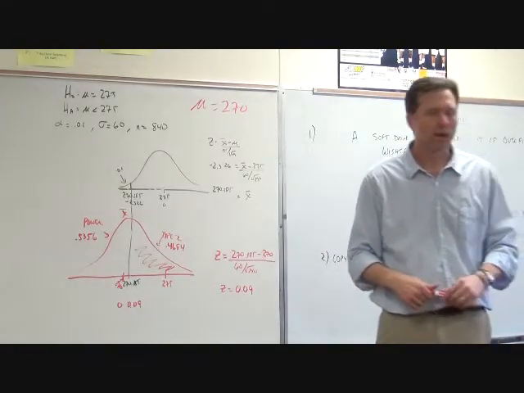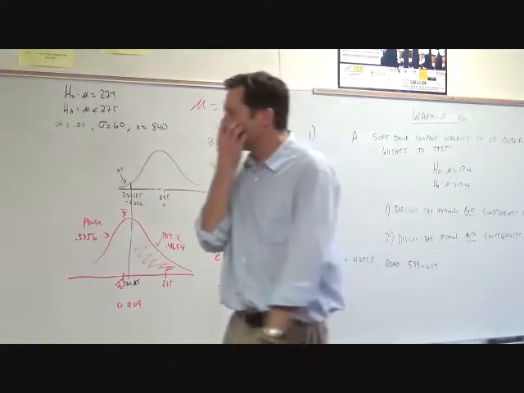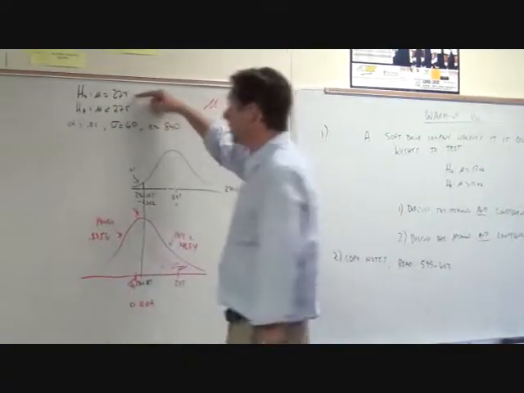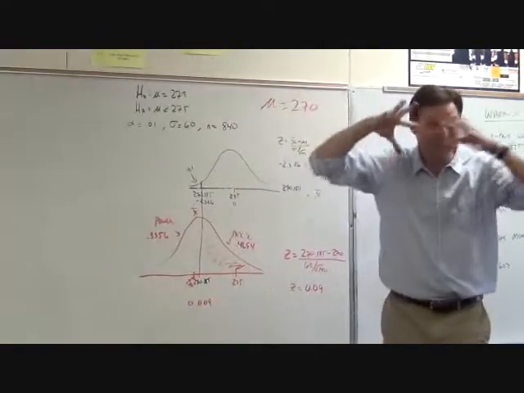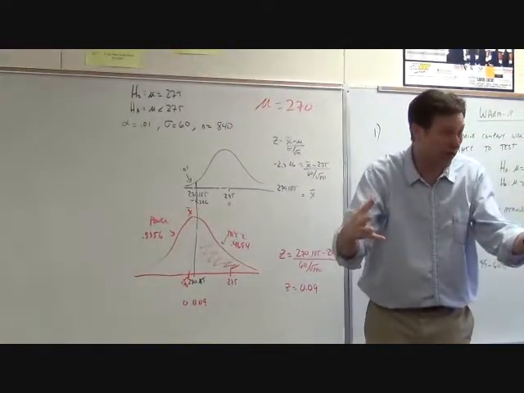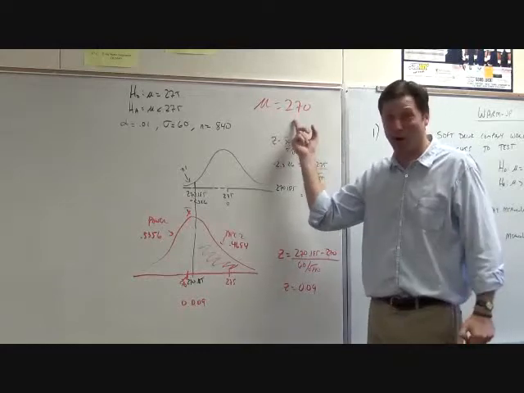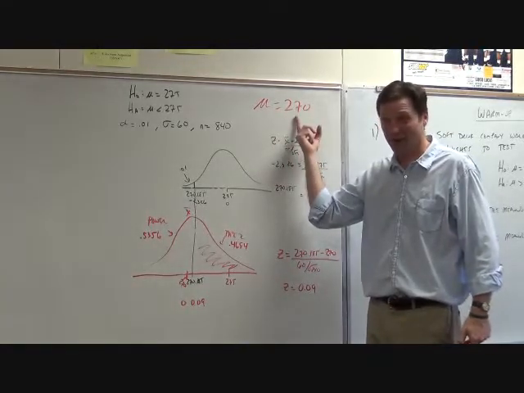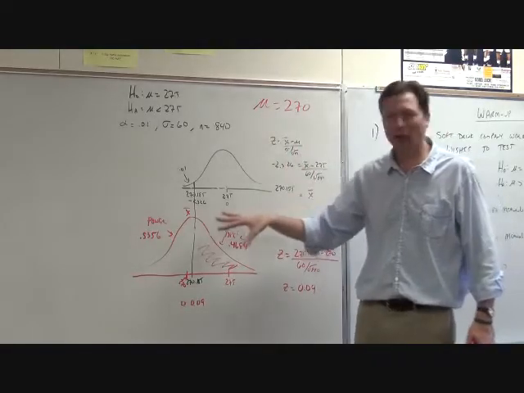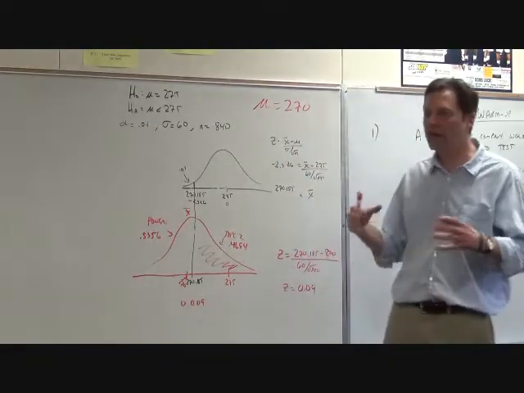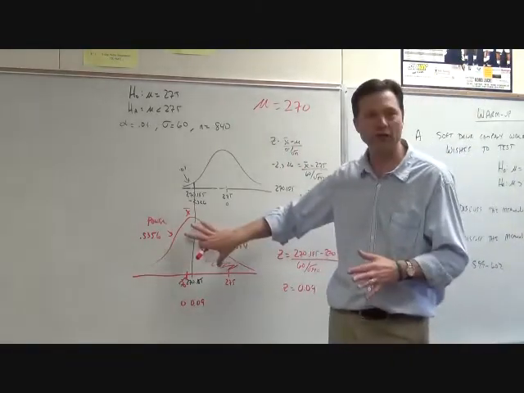Here's what he's saying. Look, if someone says that the real mean is 275, if I take a larger sample size, shouldn't I expect my X bar to be closer to the right answer? Another way to look at this pictorially, if you take a larger sample size, what happens to all these X bars?